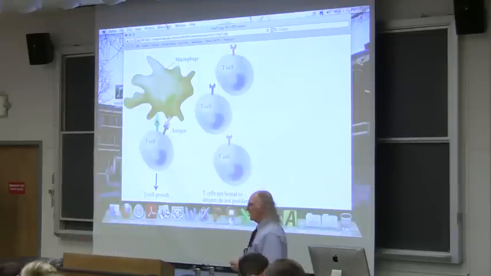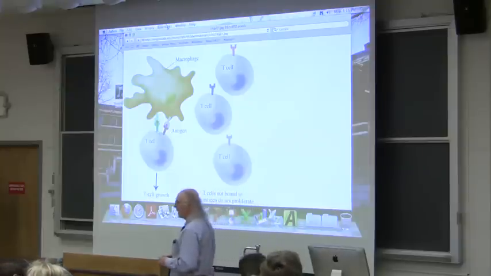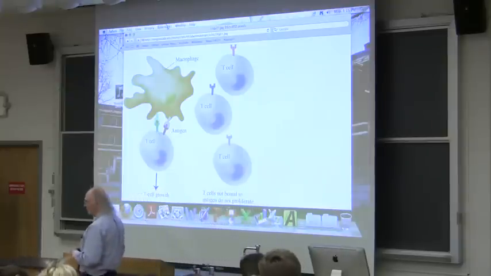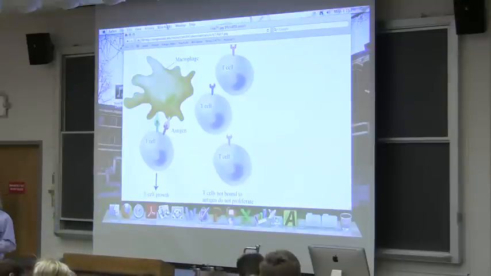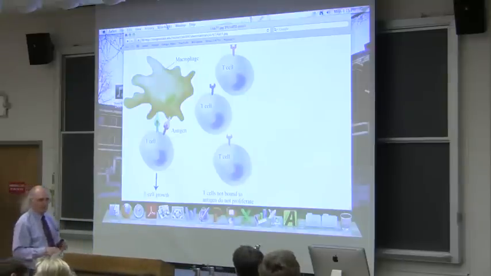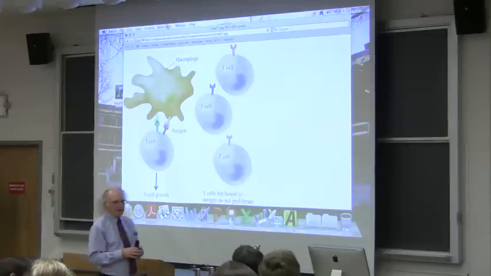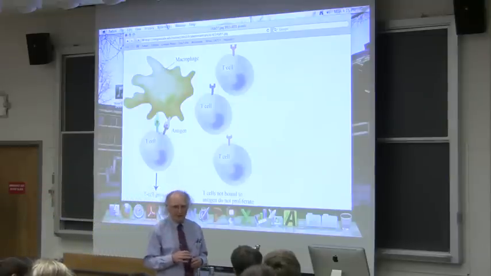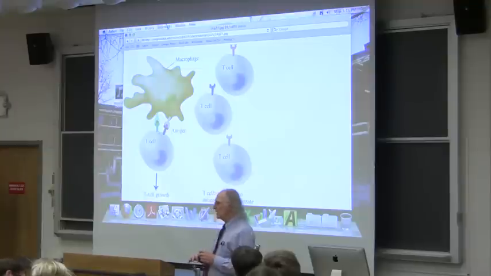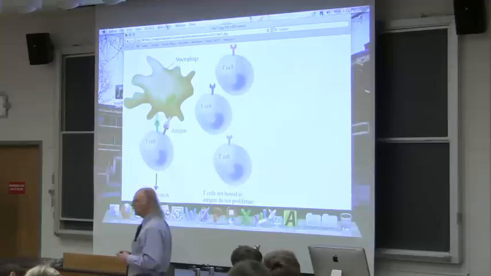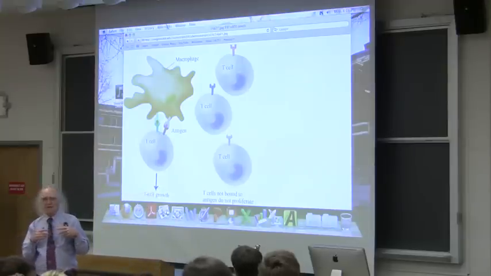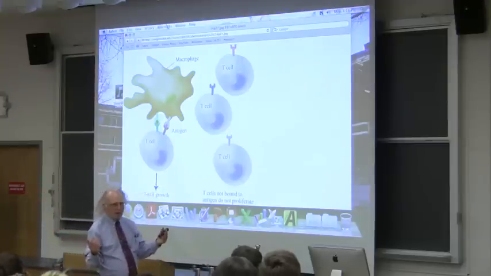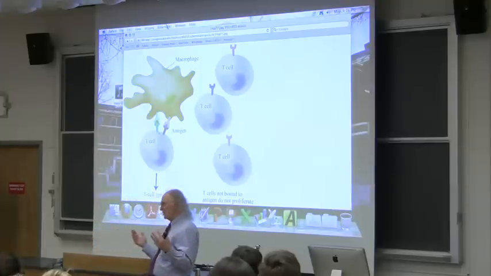Now, monoclonal antibodies turn out to be very, very powerful tools, both for research and for medicine. Okay? There is a monoclonal antibody that's very commonly used in treating breast cancer, known as Herceptin. You don't need to know the name. All right? Herceptin is a monoclonal antibody that recognizes a protein that's found too abundantly on breast cancer cells.